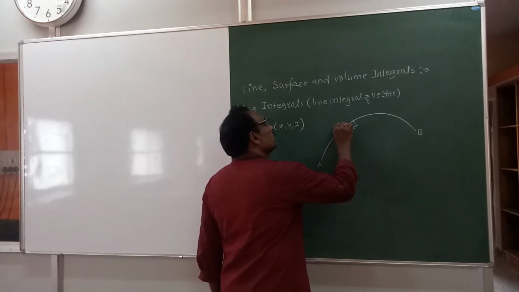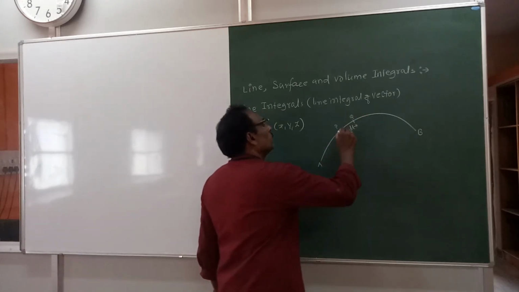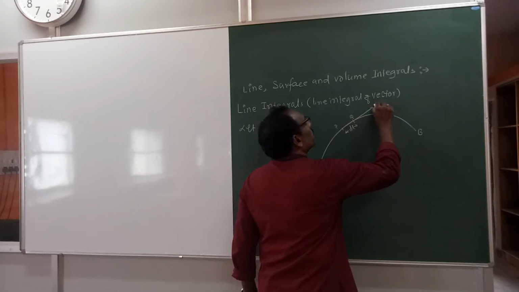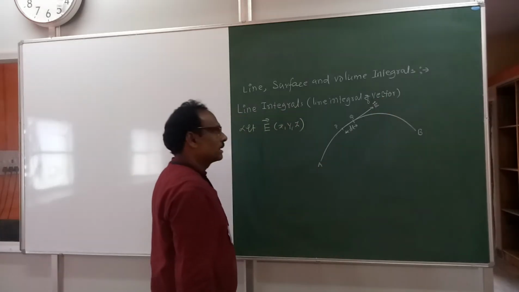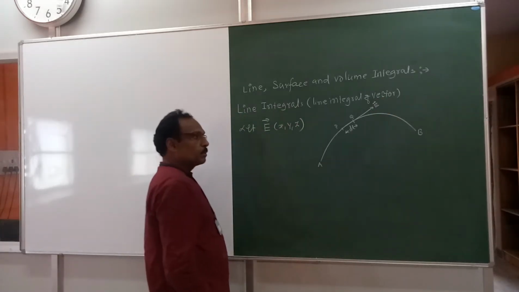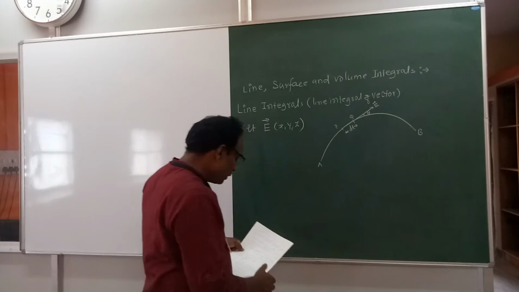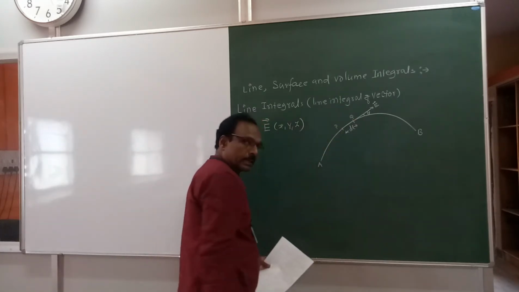I'll call its ends P and Q. I will draw the tangent to this, which is the direction the electric vector E is directed, and it makes an angle theta with dl. So AB is a curved line, a vector line.